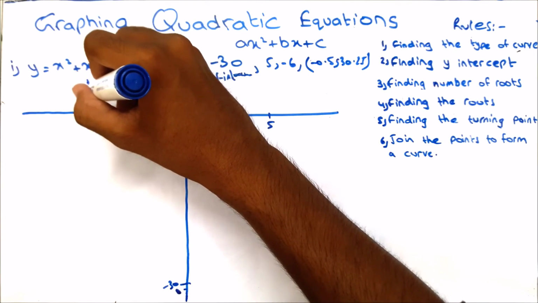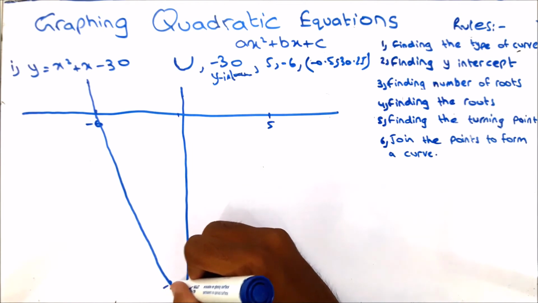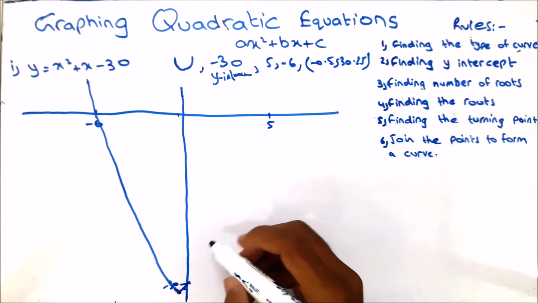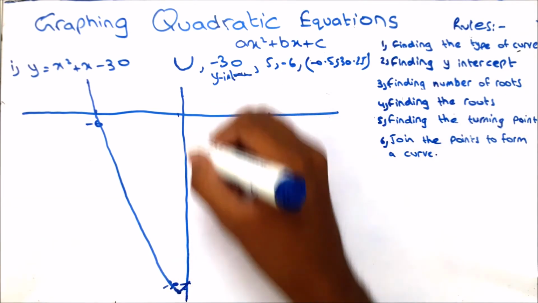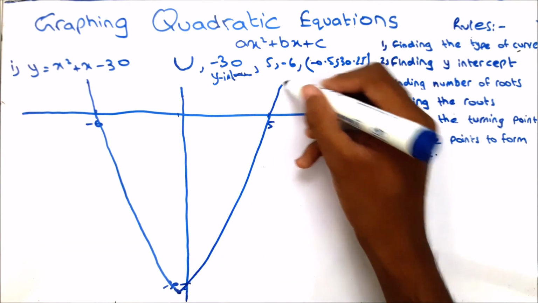I'm not very good at drawing, I'll just try to be as accurate as possible. That's where our graph turns, and minus 30 is where our graph cuts the y-axis, and it goes up and crosses 5 and goes on and on.